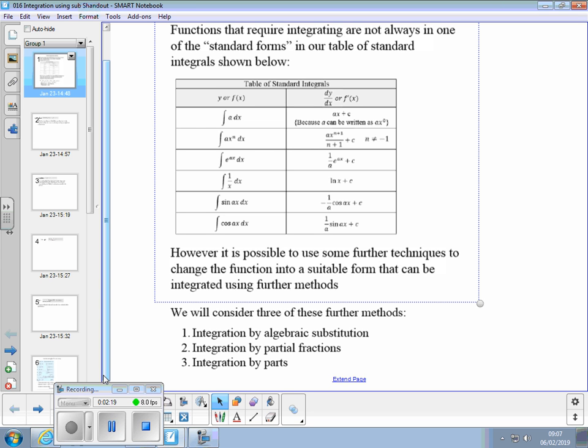We're also going to integrate by partial fractions. Next week I'm going to revise partial fraction methods so that we know how to resolve a function into partial fractions. There's a need for those skills in electrical principles next year as well, so they'll come in useful.